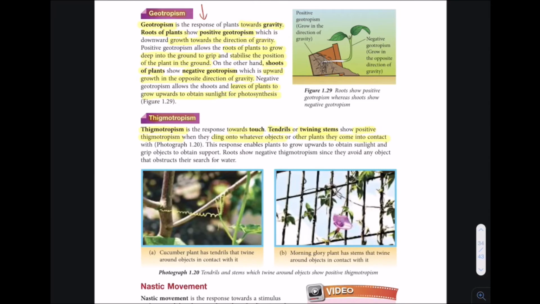Positive tecmotropism helps the plant to grow upwards to obtain sunlight and grip objects to obtain support. The roots of plants show negative tecmotropism since they have to avoid objects that obstruct their search for water.